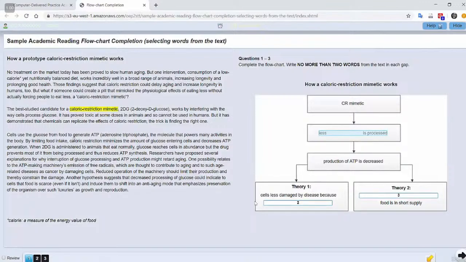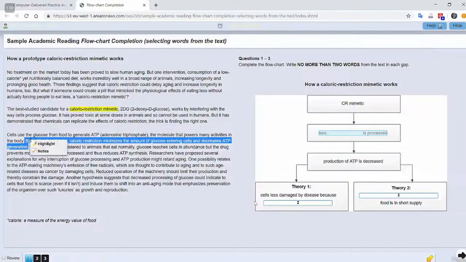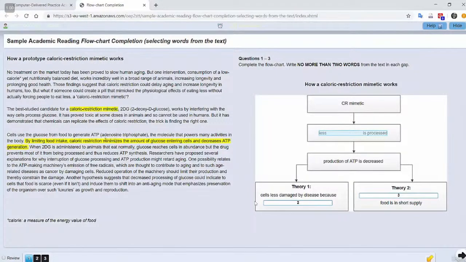Right here is number 1, in this sentence. The reason I know it's in this sentence is because this word minimizes is a synonym for the word less.